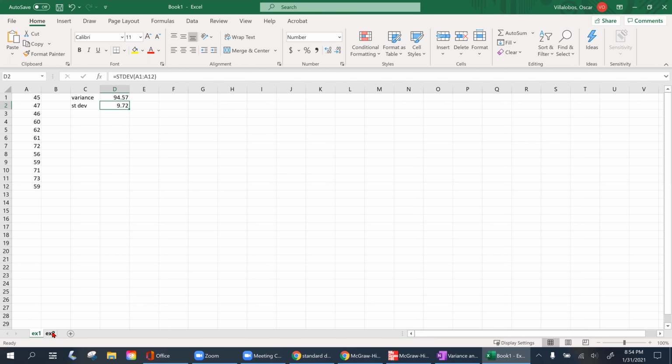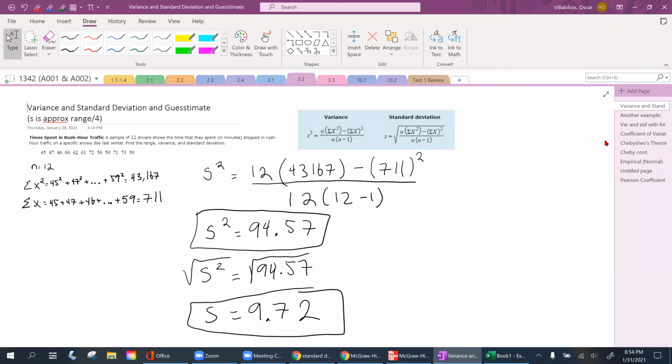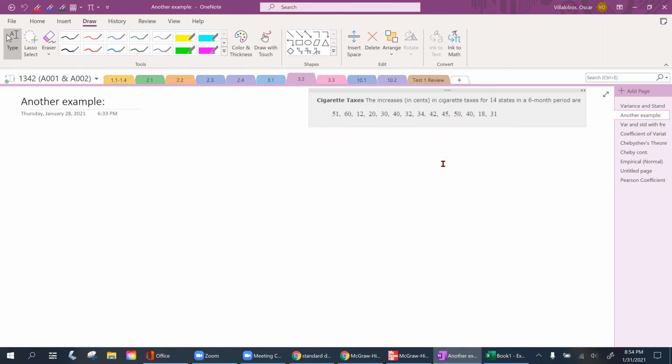Let's try this on another example. Let's go back. The increases in cents in cigarette taxes for 14 states in a 6-month period. This is information for 14 states, so I know my n is going to be 14.